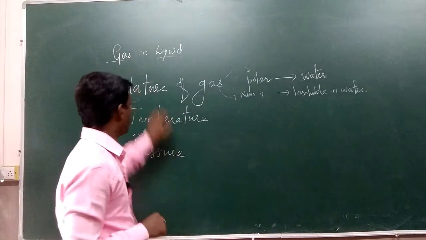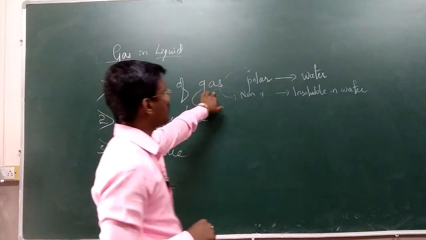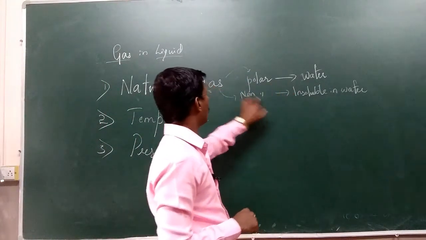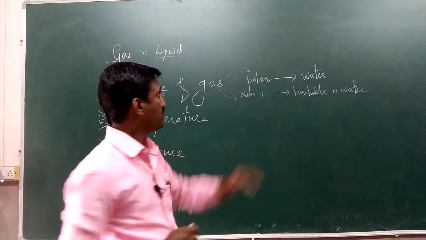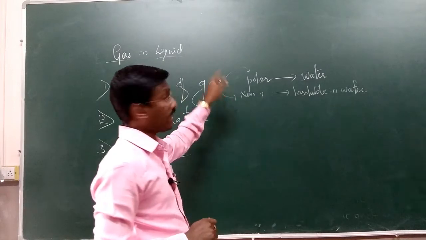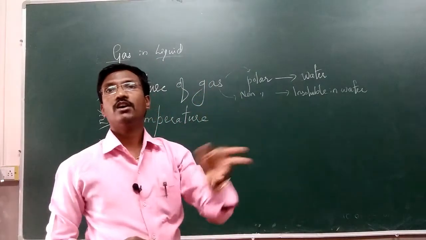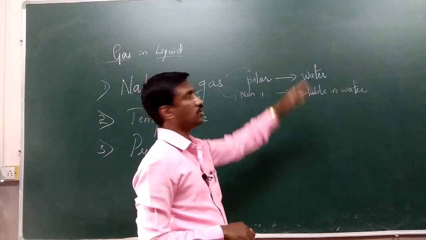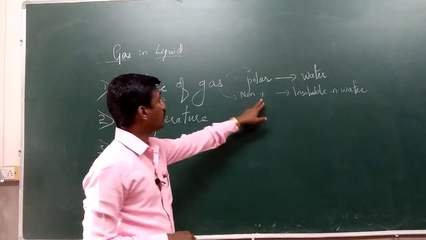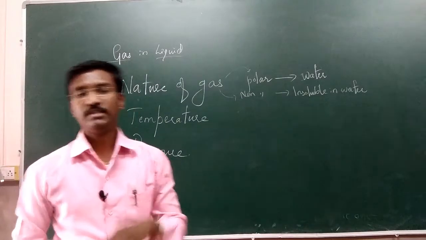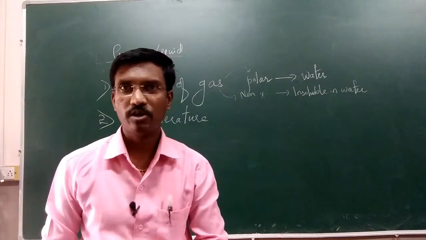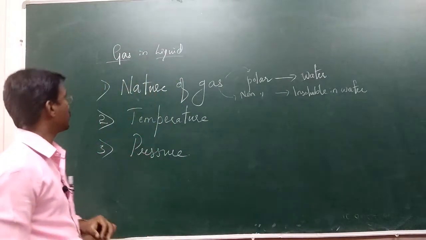So polar gaseous compounds are soluble in water and non-polar gaseous compounds are insoluble in water. It means polar gaseous compounds are insoluble in an organic solvent, means non-polar. Similarly, non-polar gaseous compounds are soluble in non-polar solvents. Are you getting this point? So don't get confused, this is very simple.